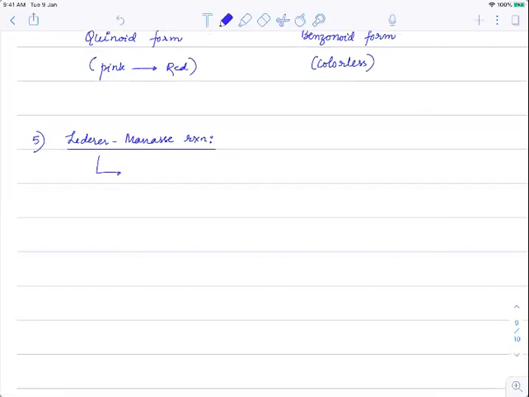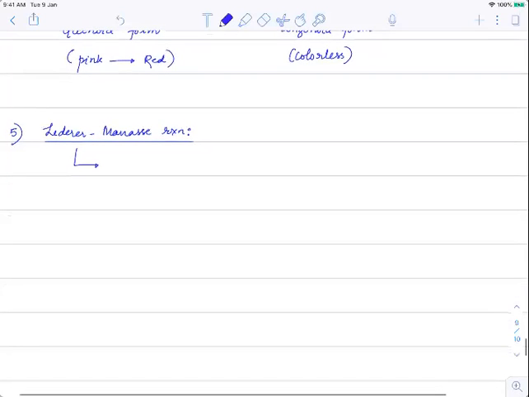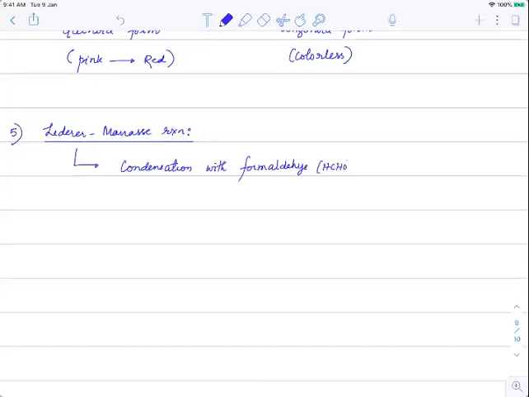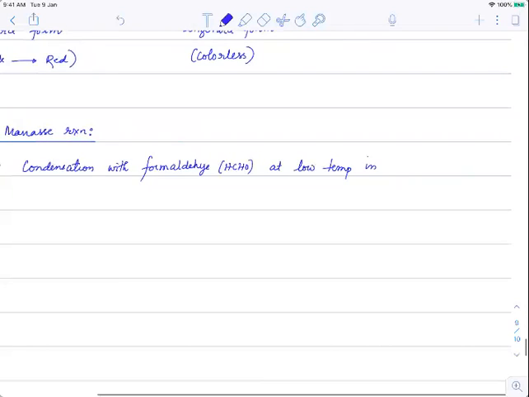So basically what it does, it will condense the formaldehyde, so basically it is condensation with formaldehyde at low temperature in presence of NaOH.